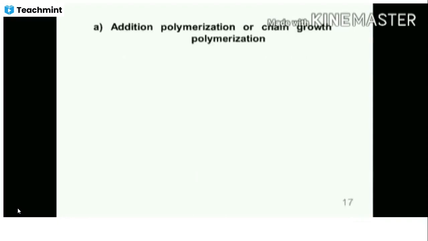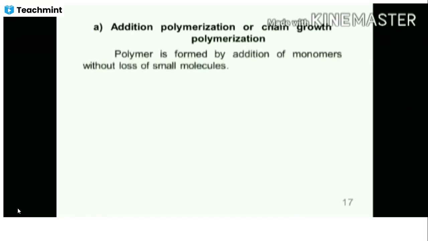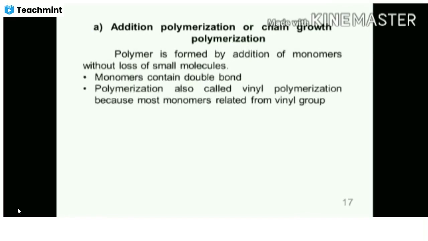First, A. Addition polymerization or chain growth polymerization. Polymer is formed by addition of monomers without loss of small molecules. Monomers contain a double bond. It is also called vinyl polymerization, because most monomers are derived from the vinyl group.